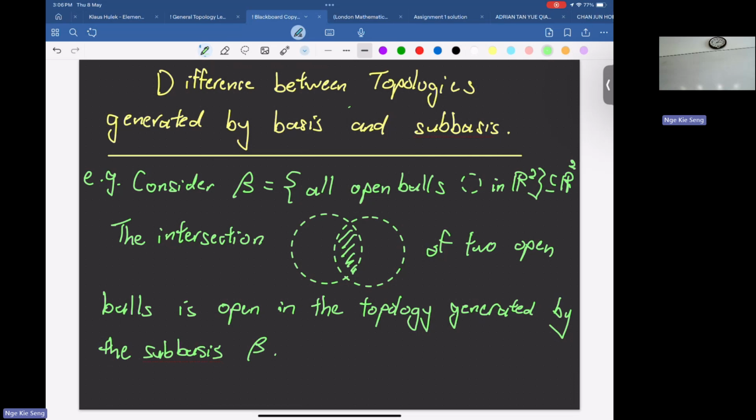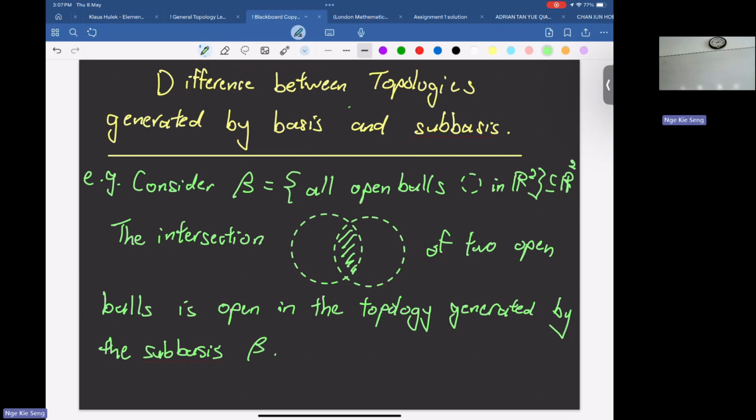So for subbases, you need to consider finite intersections to be open, meaning this kind of region you also call open. The difference between subbases and bases: it's the same set of elements you use, the ingredient is the same. Just the method of generating the topology is different.